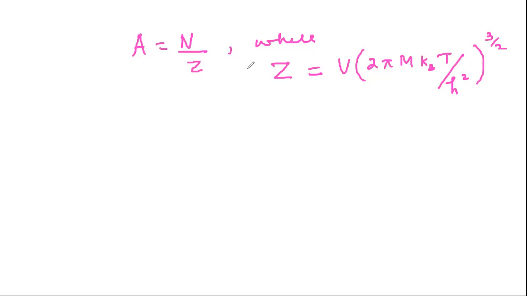And our E of V, that is the energy as a function of speed, is simply the kinetic energy of the gas molecule, half mv square.